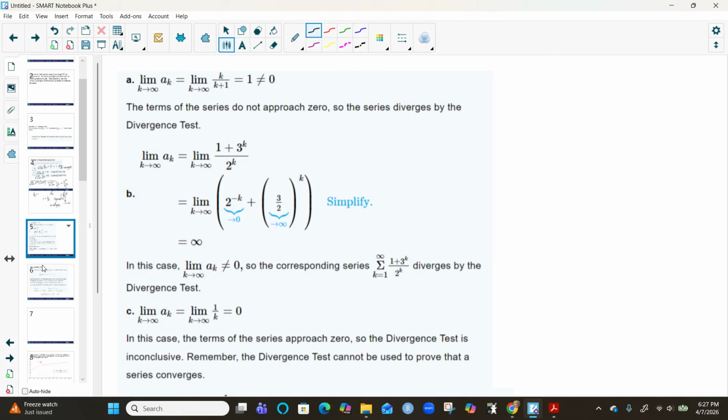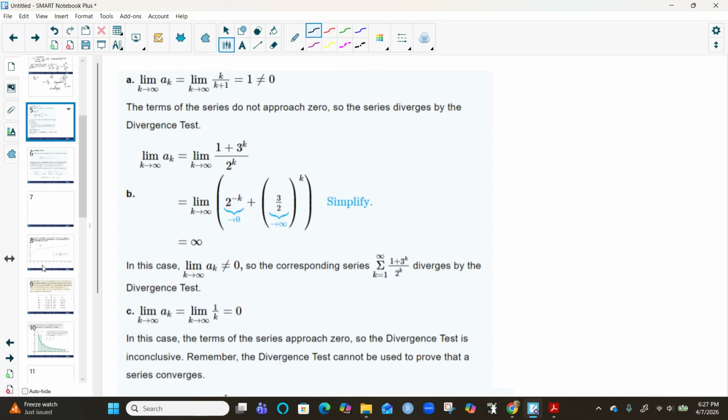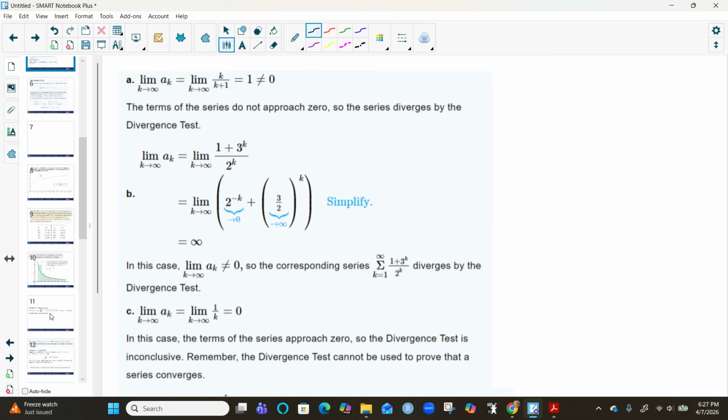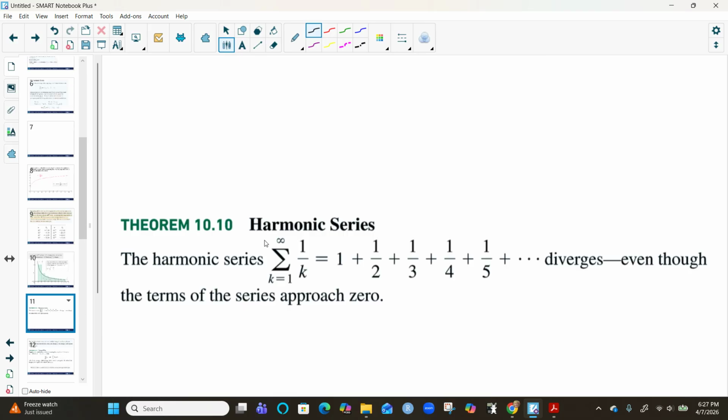Before I go on to the integral test, I want to talk with you about a special series that we just saw in that example. And that is 1 over k, or depending on what variable you're using, it might be 1 over n. And we call this the harmonic series.